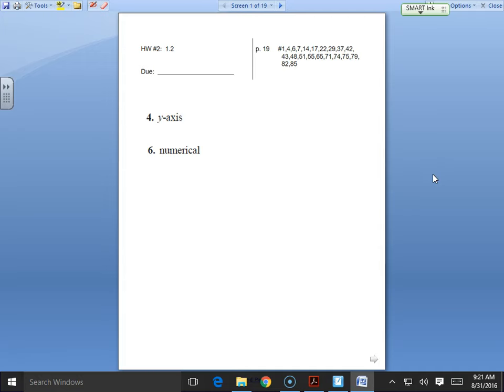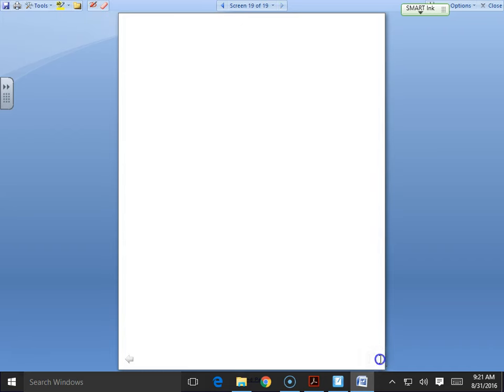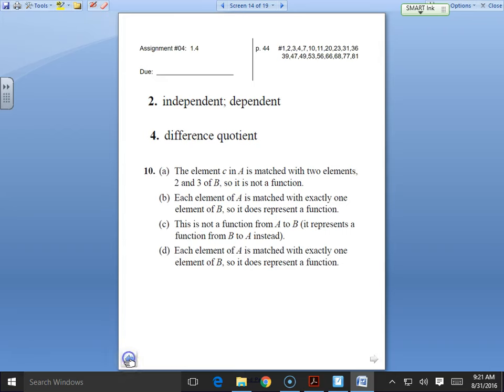Same assignment, ending at 85? Oh, I'm at 1.2? It went back somehow. Don't worry. There you go. Oh, Stanton. All better. Ending with 81. That sound better?